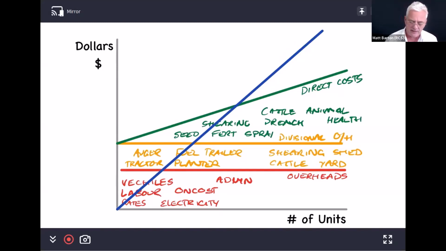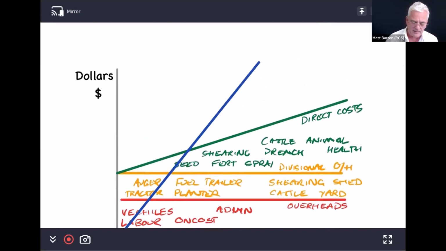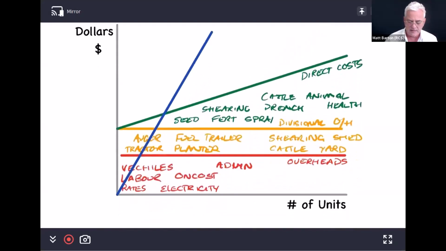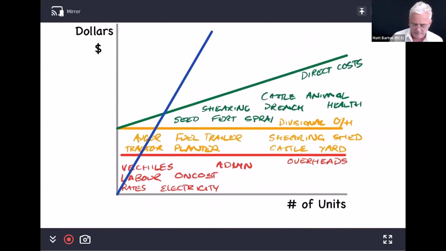So if we're not carrying that many units, then that will be a lot steeper line. Going units along the bottom. So then you can carry less cost for the amount of units you're going. And this is getting into scale.